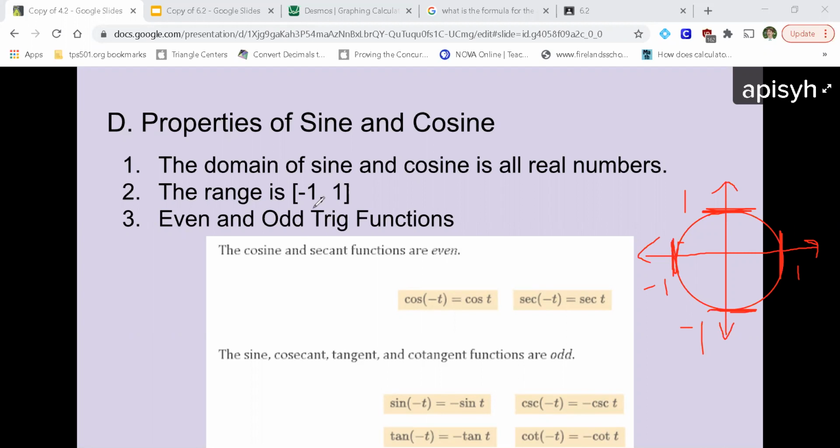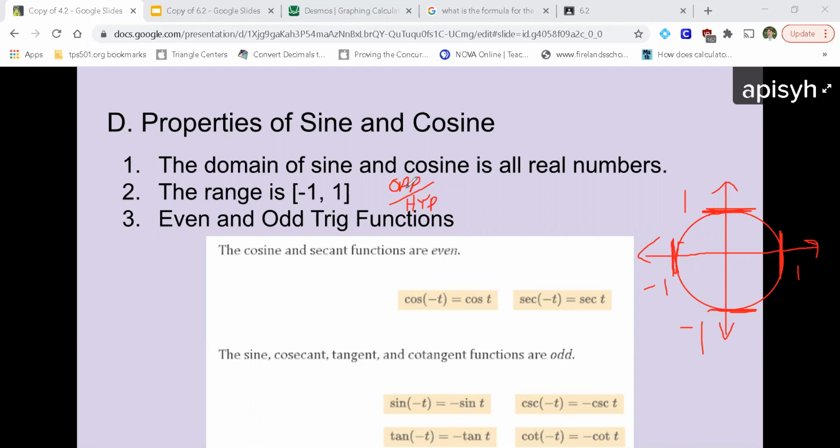Also, if you think back to geometry, that should make sense, because if the sine is opposite over hypotenuse, since the hypotenuse is always the longest side of a right triangle, it is impossible for the opposite to be bigger than it, which is why it's impossible to get answers bigger than 1.